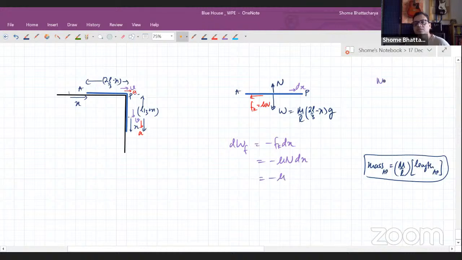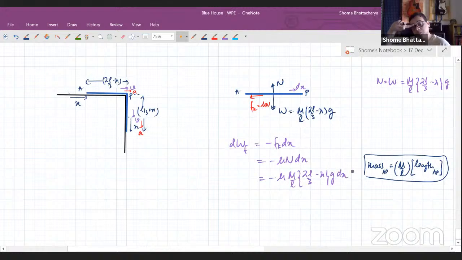Okay, normal reaction will be equal to weight. So you can write this like this. This will be the work done by friction for that small displacement of dx.